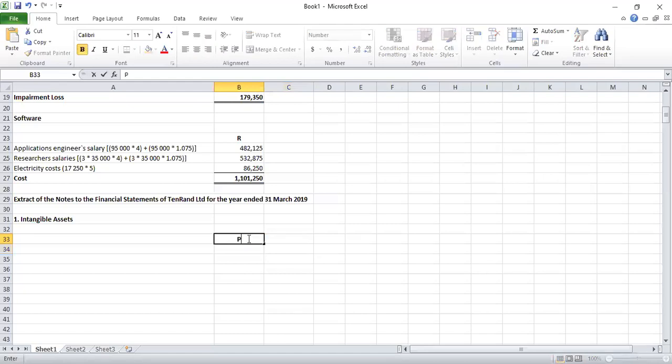Remember that the software was purchased. No, the software is the one that was internally generated. And the license was the one which was purchased.